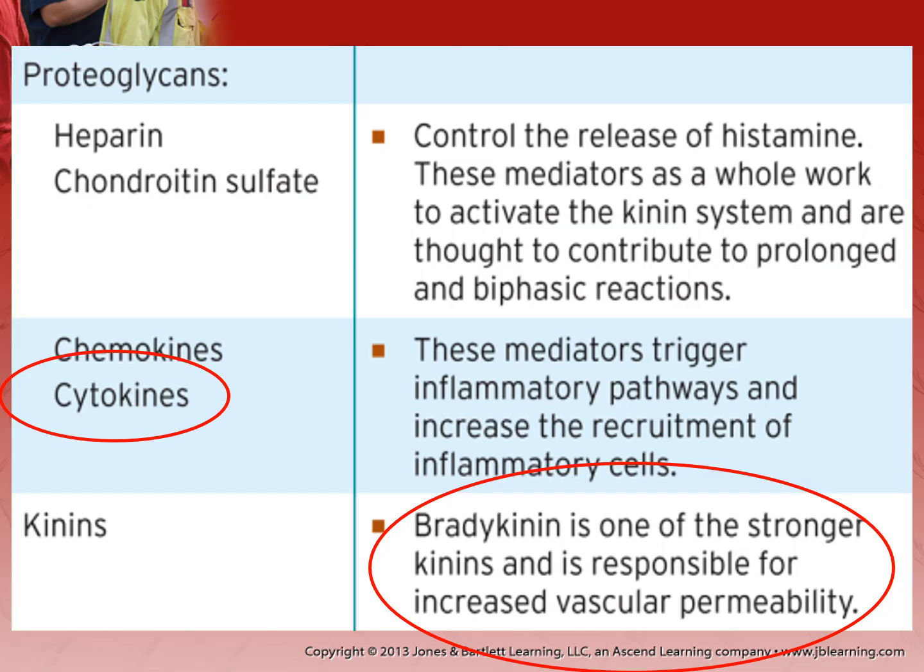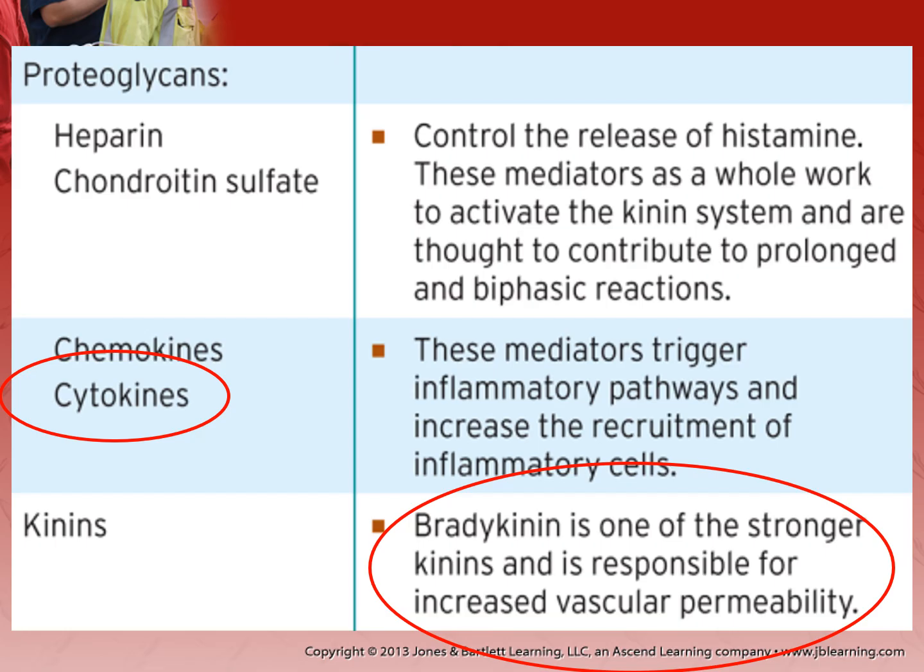We all know what heparin does there. And then cytokines. These mediators trigger inflammatory pathways and increase the recruitment of more inflammatory cells. And then from the kinins, we have bradykinin is one of the strongest kinins and is responsible for increased vascular permeability. It's going to hang around longer.